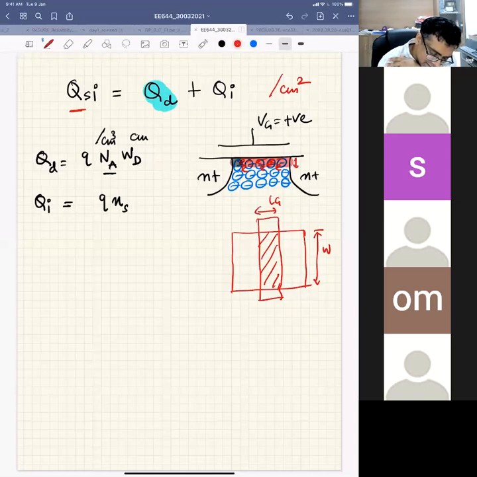This is called the inversion thickness. It is very small because the field is very high and all the electrons are at the surface. Inversion charge is nothing but the mobile charge, my electrons. But to find the charge per centimeter square, I have to multiply by the inversion thickness: Q times Ns times Ti.